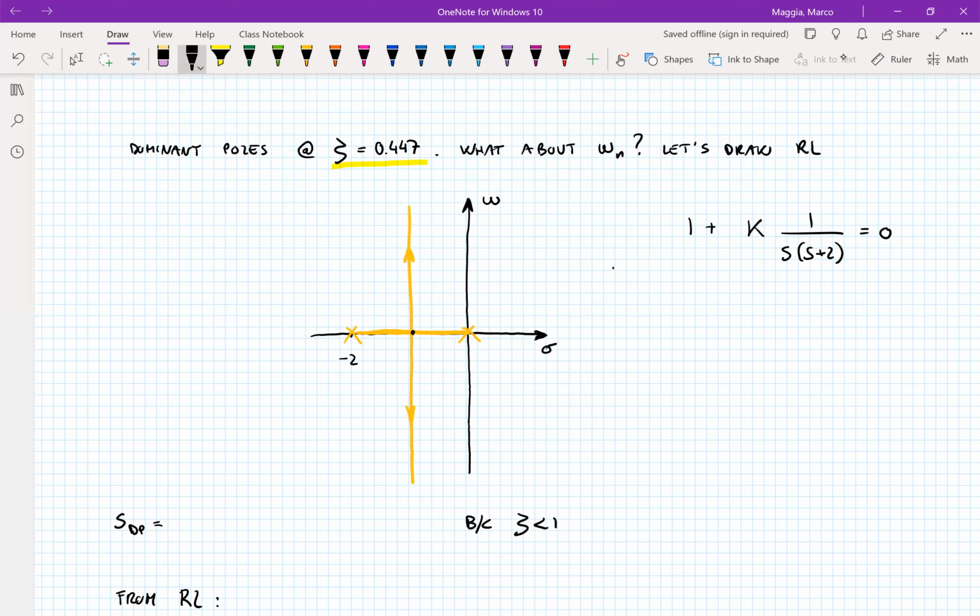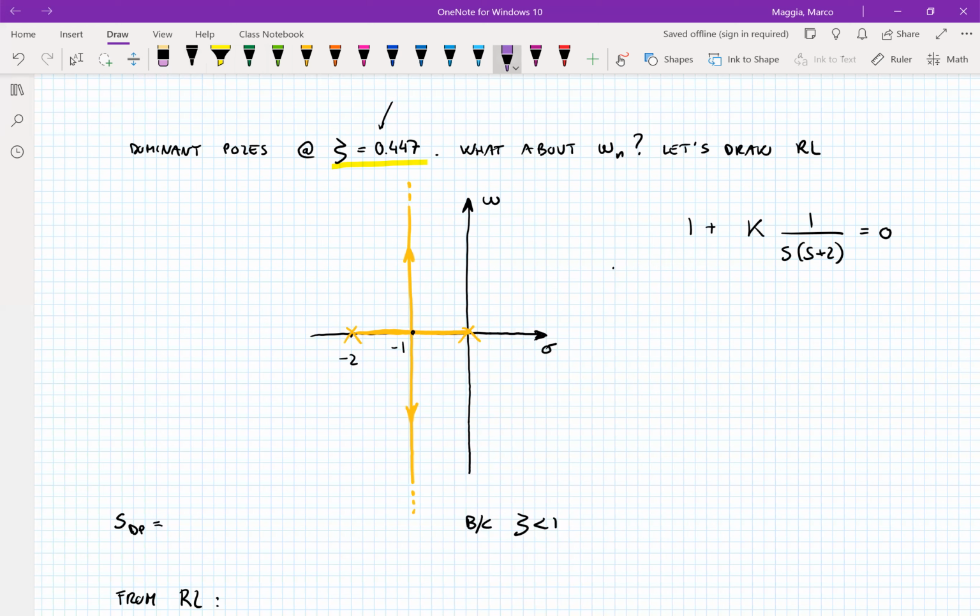The breakaway point is going to be at -1, and then the two branches will depart perpendicularly to the real axis, maintaining the value at -1. So you see that if the damping ratio is less than 1, it means that the dominant poles must be on the complex part of the plane.